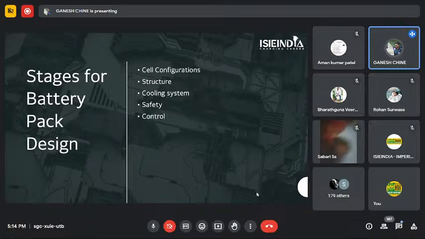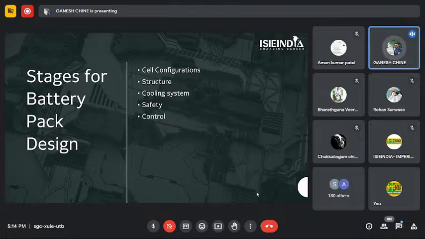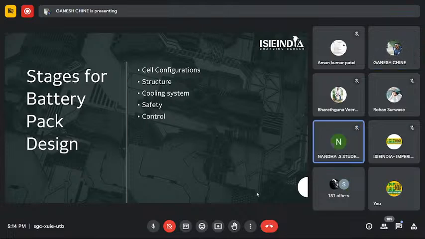There are various stages of battery pack design. First is cell configuration. In cell configuration, we use the NPNS theory. NPNS theory means some cells we use in series, some cells in parallel, according to the application.